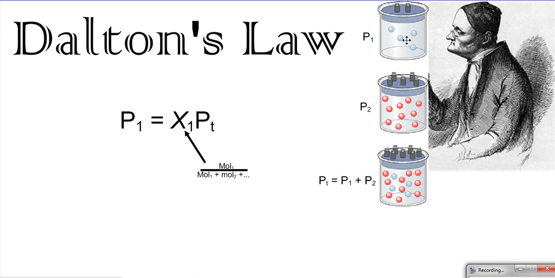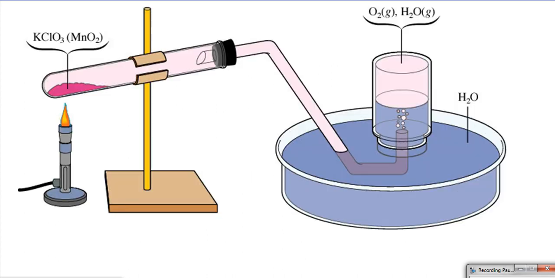So assuming each one of these dots represented a mole, the mole fraction here would be 4 divided by 14, because that's the total number of moles of gas in this system.